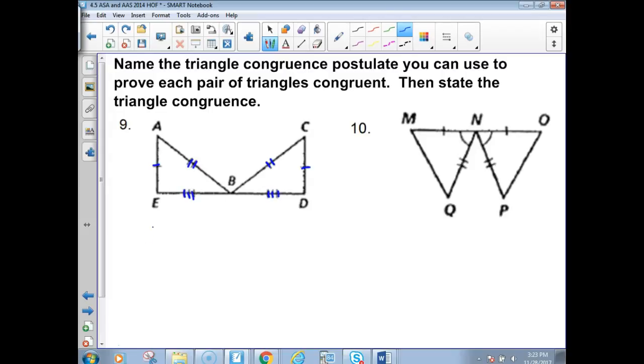Triangle AEB is congruent. Now, because you led me to say AEB, I have to do the proper correspondence on the other. It would be CDB. And then the reason the triangles are congruent is by side, side, side.